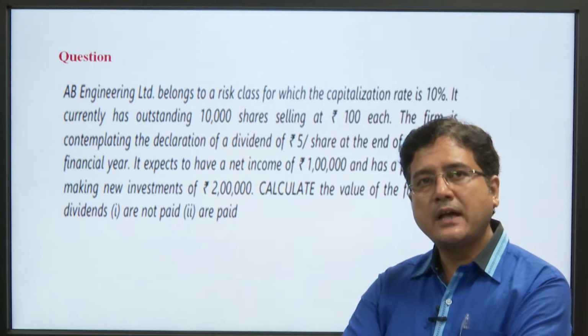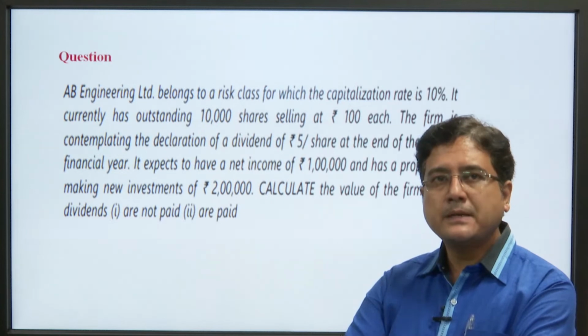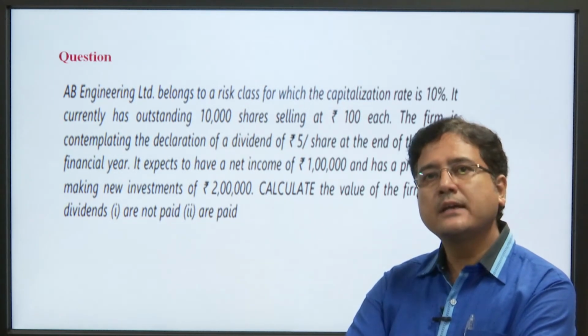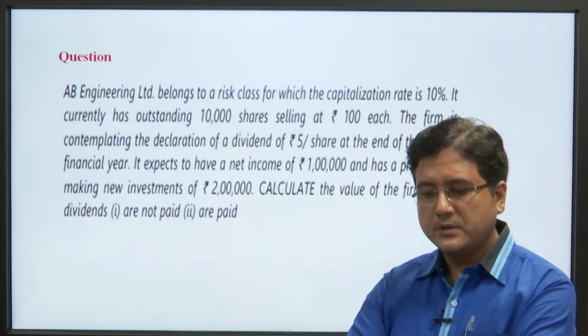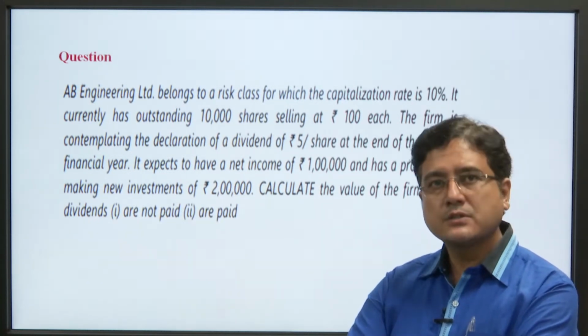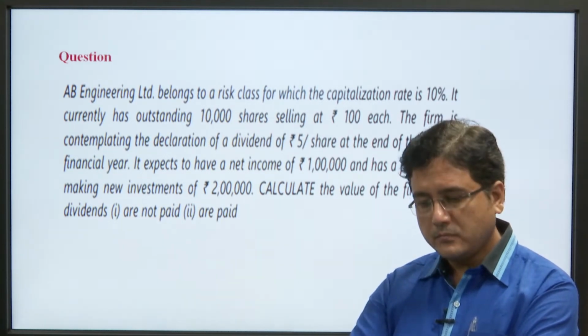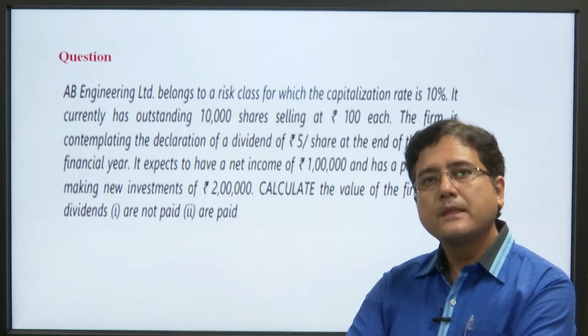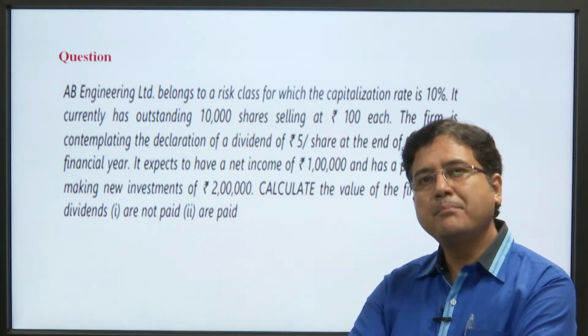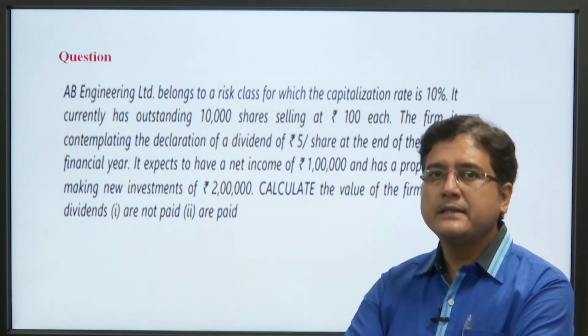It expects a net income of 1 lakh and wants to invest in new ventures costing 2 lakhs. So here we will discuss what happens when the company pays the dividend.